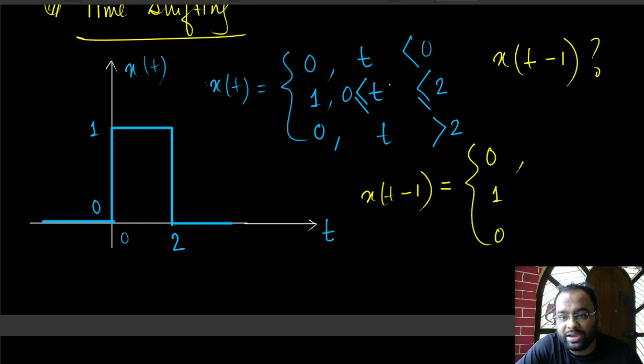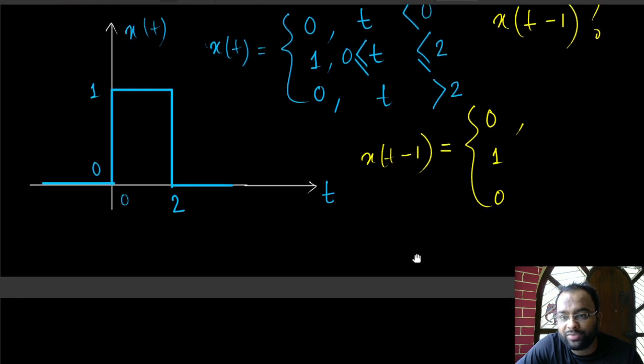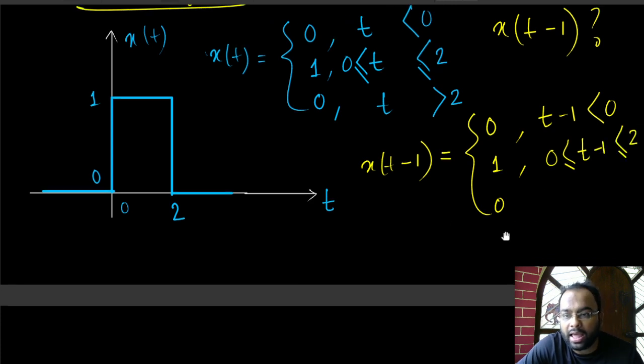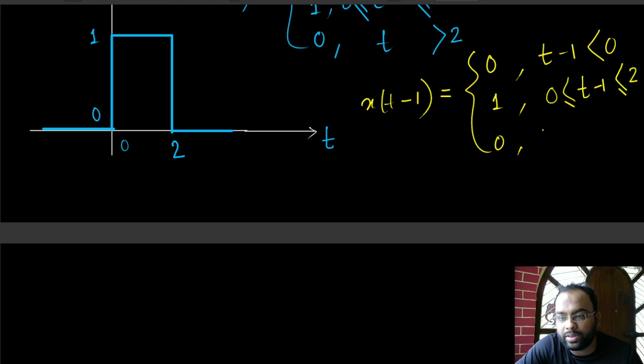Now instead of having t here, I would have t minus 1 less than 0, then 0 less than or equal to t minus 1 less than or equal to 2, and then I would have 0 for t minus 1 greater than 2.